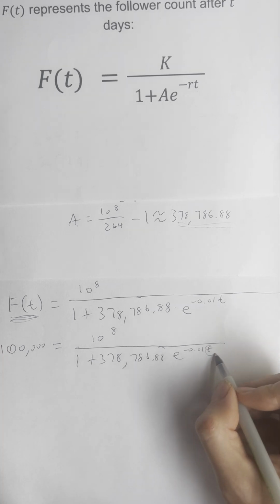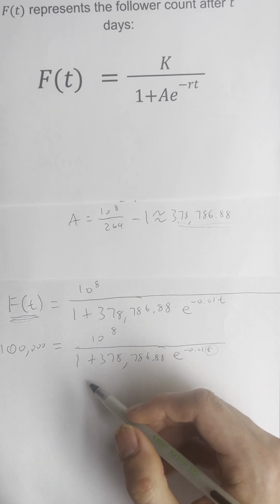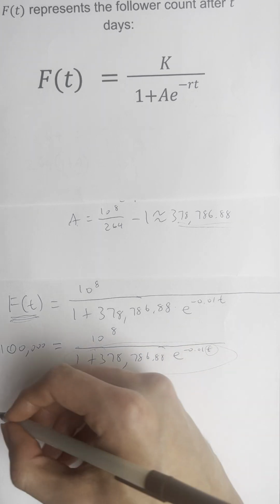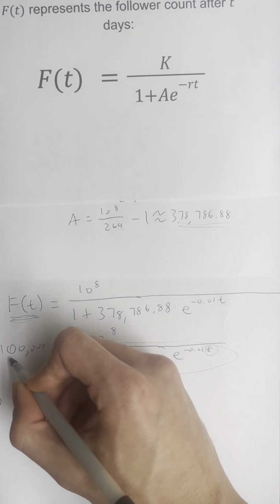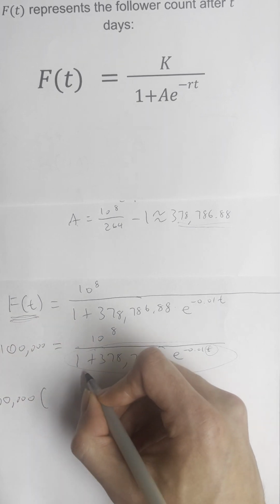So how do we get t by itself? Well, let's multiply both sides of the equation by this, because I don't like working with fractions. So 100,000 times this.